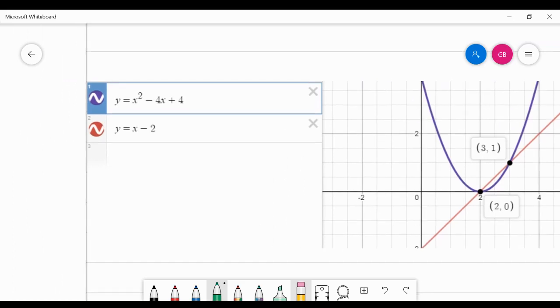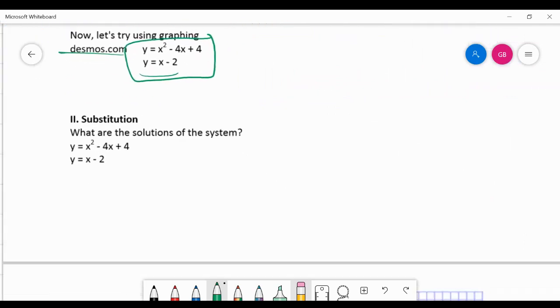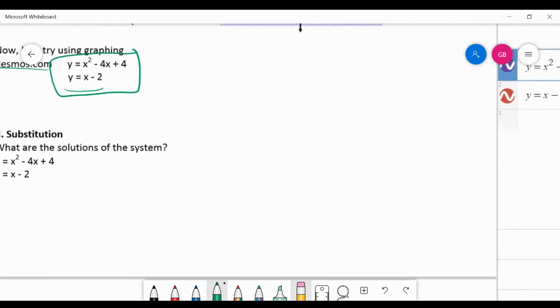So depending on the problem, if it tells you to graph it, you're going to graph it by hand. If it tells you to use Desmos, then you are allowed to use Desmos. Okay. So we know that the solutions are 2, 0, and 3, 1.